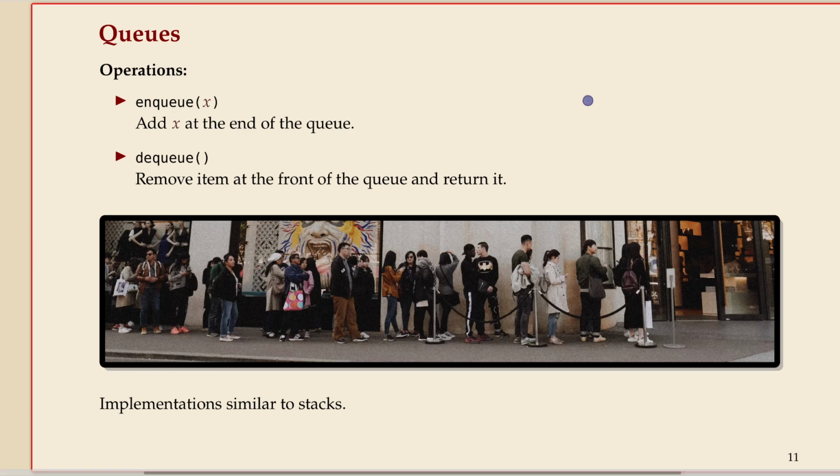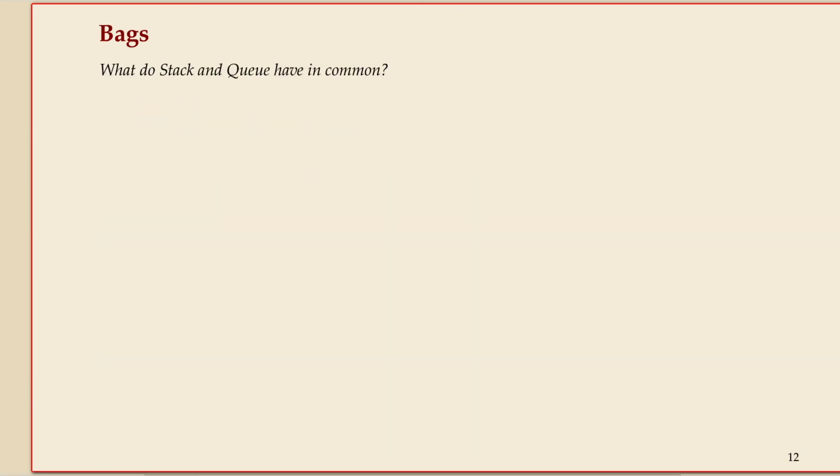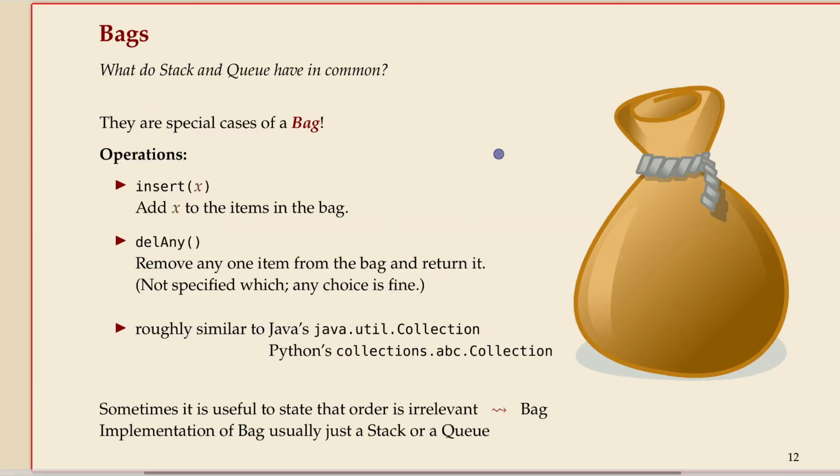Apart from stacks, there's queues where you can insert at one end and take out of the other end. Otherwise, it's the same as the stack and the implementations are the same. And there's an abstraction of both of them. If you only have something that you can put elements in and you can get some element out, we call this a bag. These are just two terms that I want you to take with you.